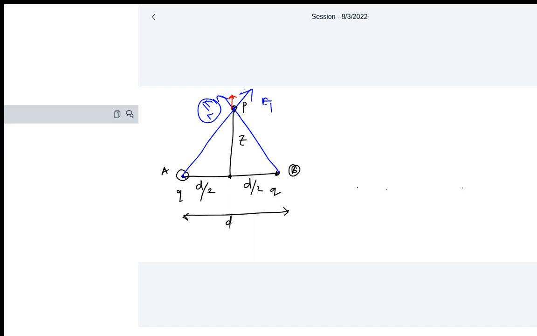Okay, so E1 here is the field of the left charge alone.